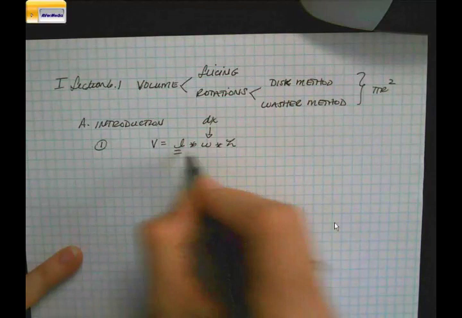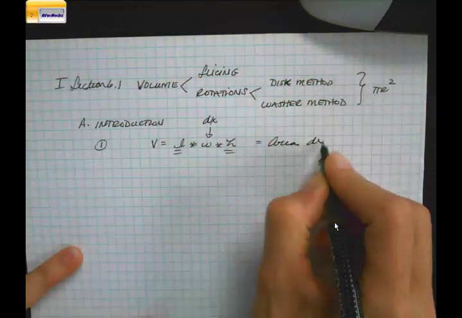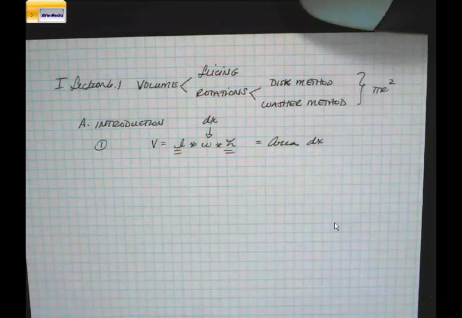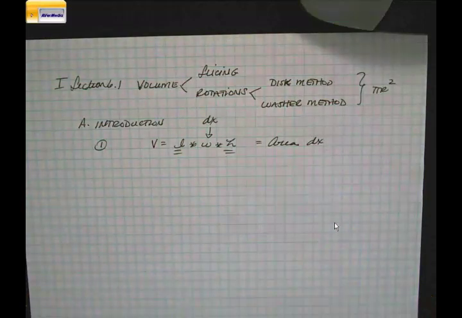So we look at length times height as being the area, and then dx being the width. So our volume becomes area times width, which is that third dimension, which ultimately is equal to volume. So we're going to be looking at stuff like this.